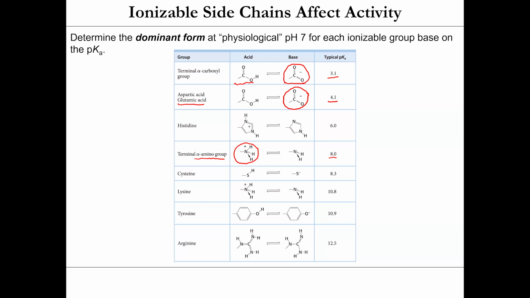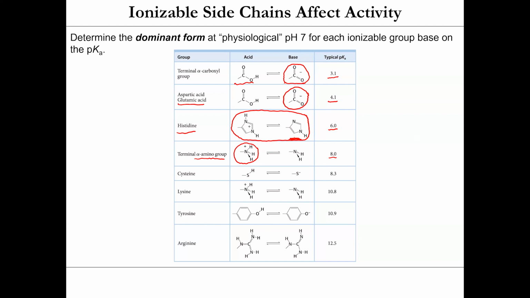Now, histidine, we discussed, but its pKa is at 6, which is pretty close to physiological pH. So actually, both the positively charged protonated form and the neutral deprotonated form are going to be present at pH 7, although the deprotonated form is going to be the dominant form at pH 7.